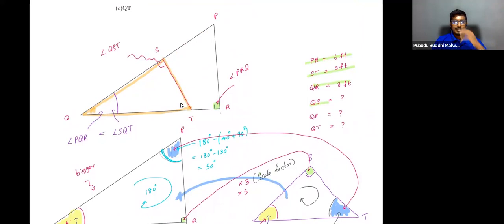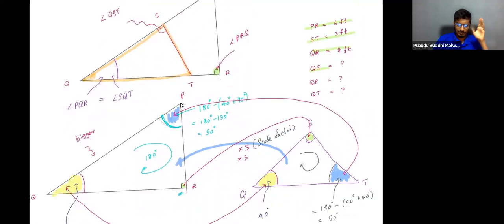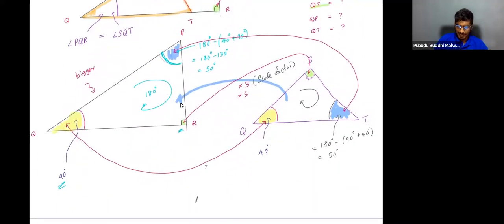Now, focus on corresponding sides. Now, these angles are very, very important. So, angle, angle, angle similarity, because we found all three angles are the same for both triangles.